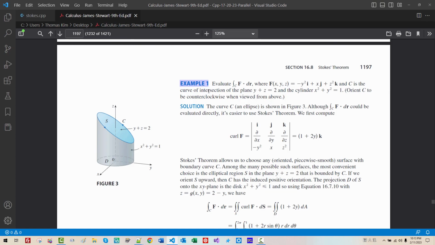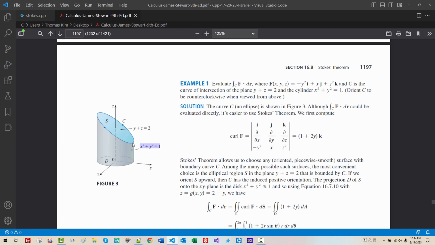The example: evaluate the line integral of F dot dr over curve C, where F is defined like this, and C is the curve of intersection of the plane y plus z equals 2 and the cylinder x squared plus y squared equals 1.